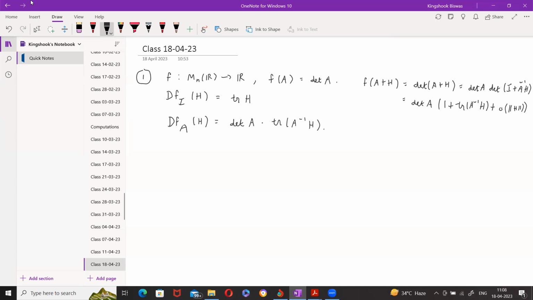Okay, fine. So the second problem is you have a map from matrices, n by n matrices, to symmetric n by n matrices.